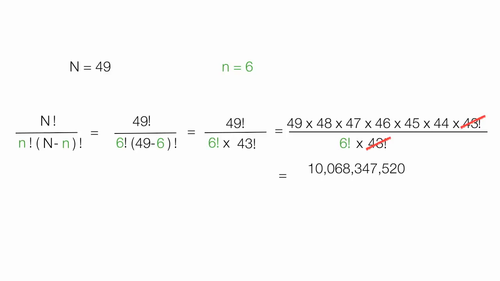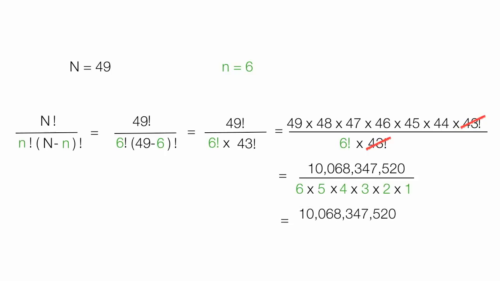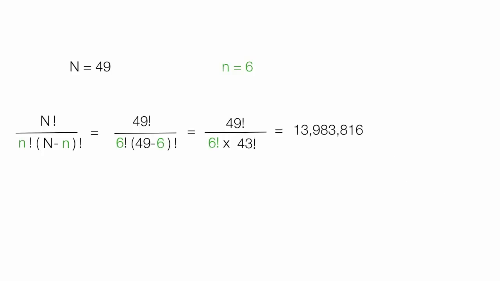divided by 6 factorial, or 6 times 5 times 4 times 3 times 2 times 1, equal to 10 billion divided by 720. And this is equal to 13,983,816. That's the total number of combinations I can have with 49 balls, picking 6 at a time.